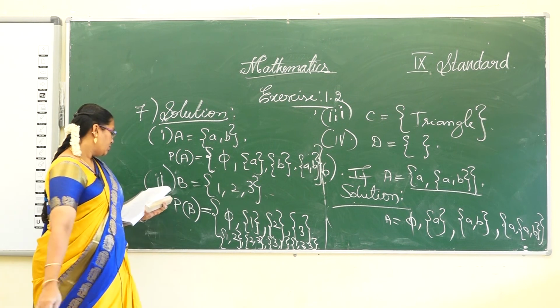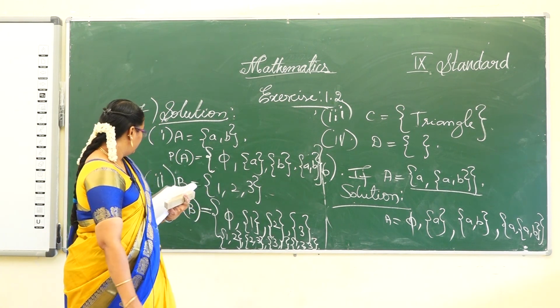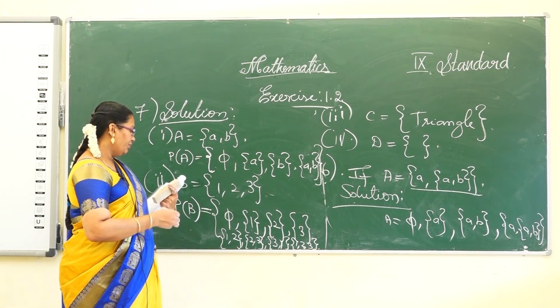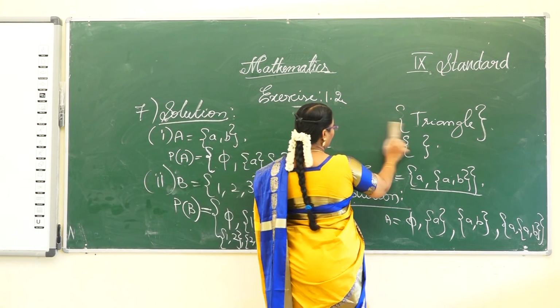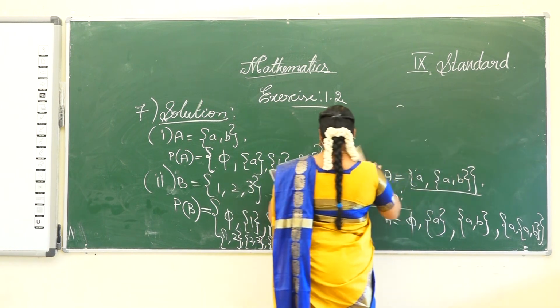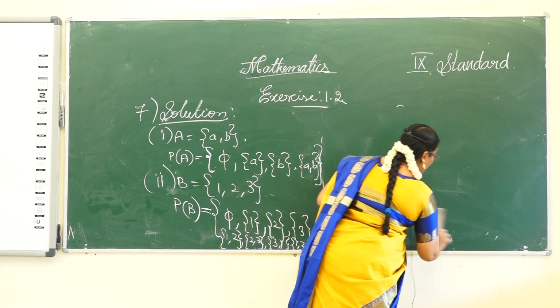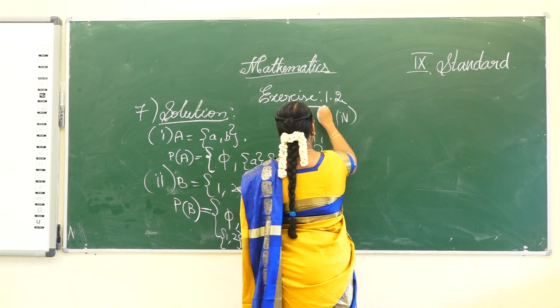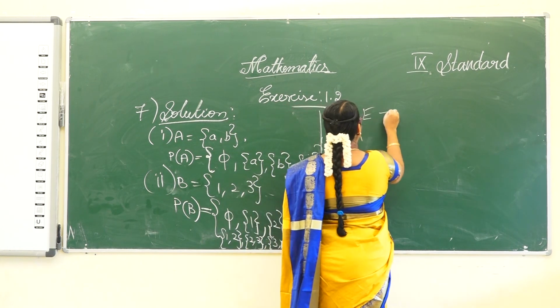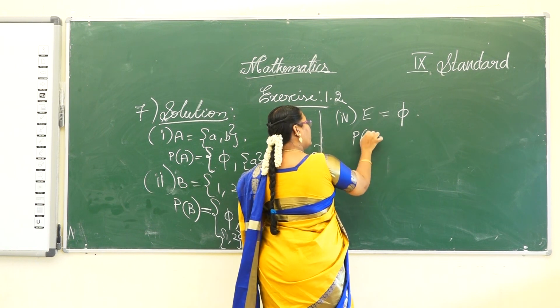Okay. The remaining 2 problems are homework. The third problem you can do yourself because it is the simplest one, but I will explain the fourth one. The fourth problem: E is equal to empty set is given. How do you write the power set of E?